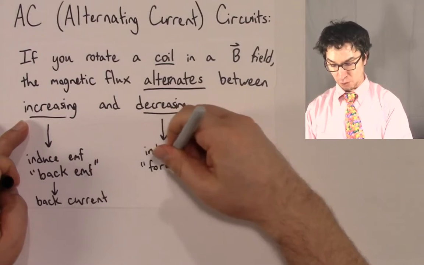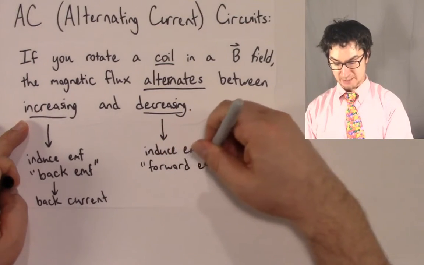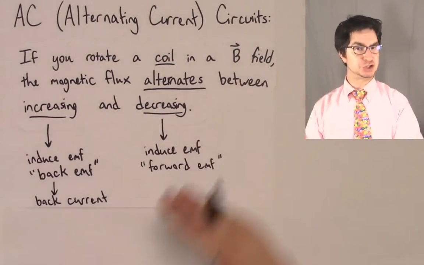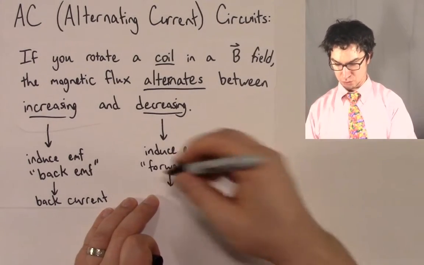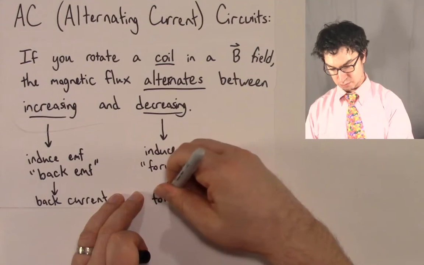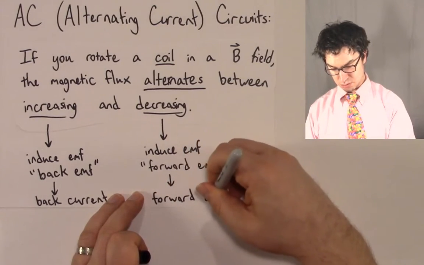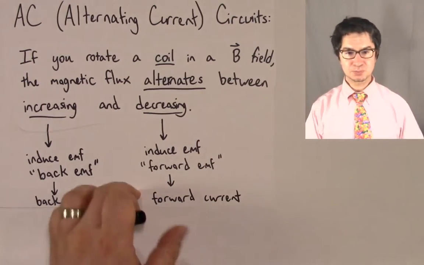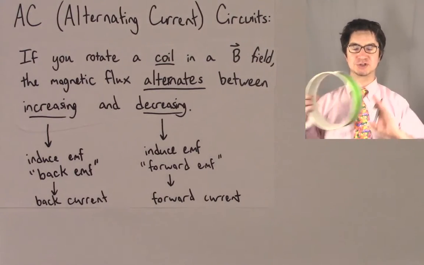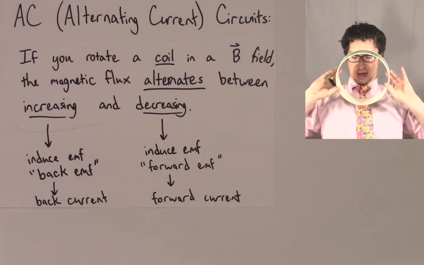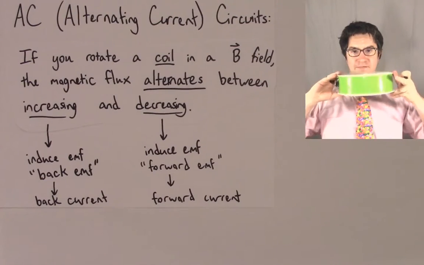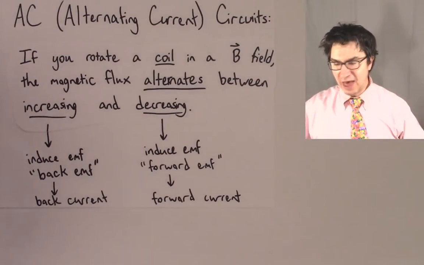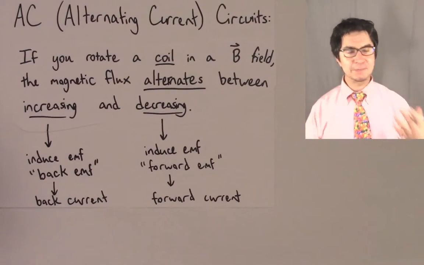So you might call it like a forward EMF, in the sense that it's changed direction at this point. And that is going to create like a forward current. So as this rotates, it's creating a back current, forward current, back current, forward current. And that is happening at the power plant.